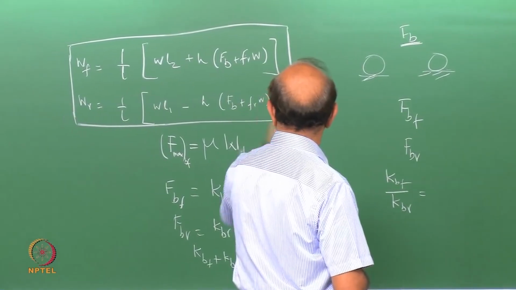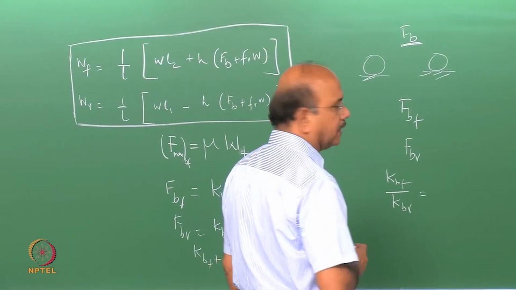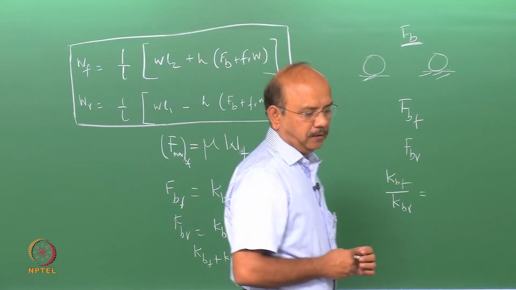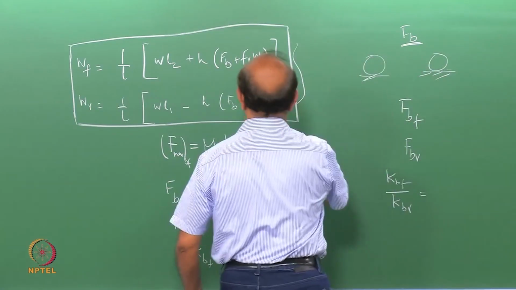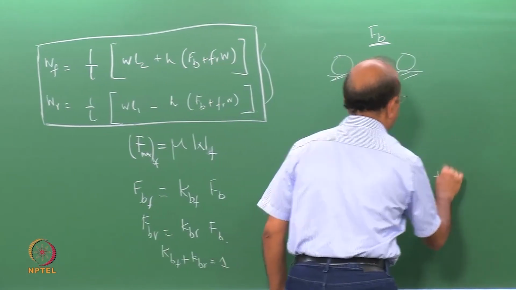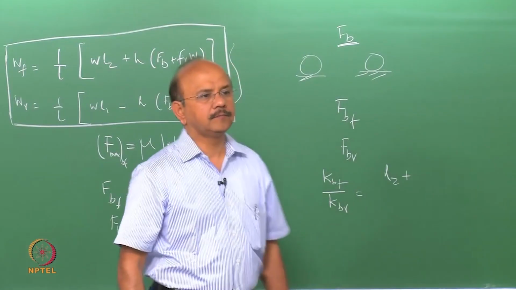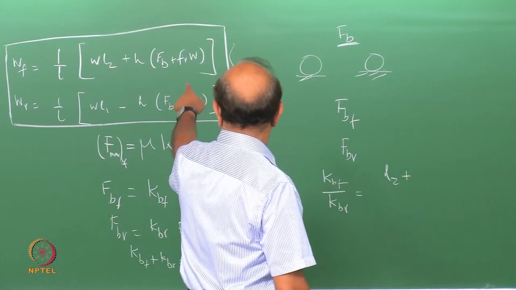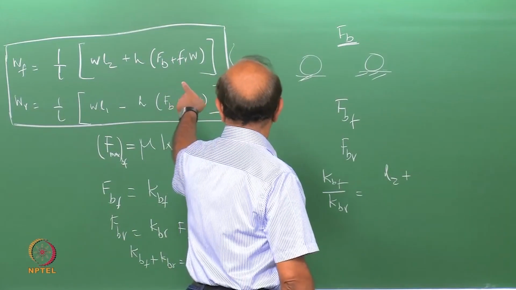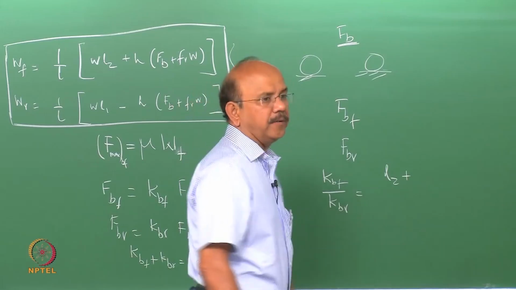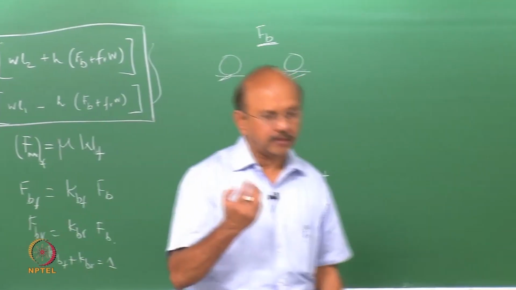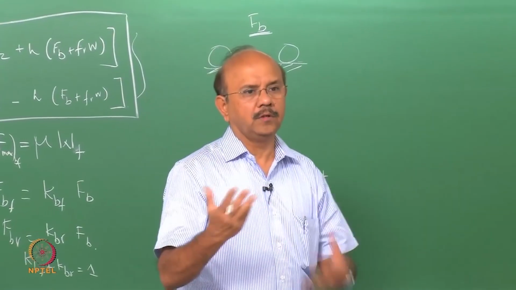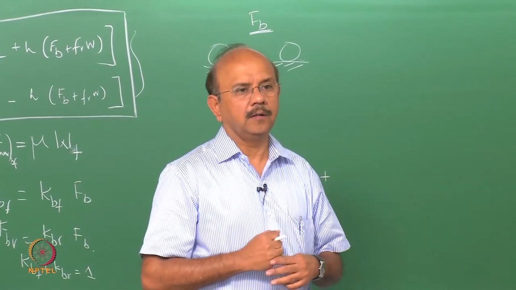This can be written in a very simple fashion, from this equation, as L2 plus H by L, and I am going to replace FB, the braking force, by means of the deceleration quantities, or you can say mu if you want, in terms of mu into WF.